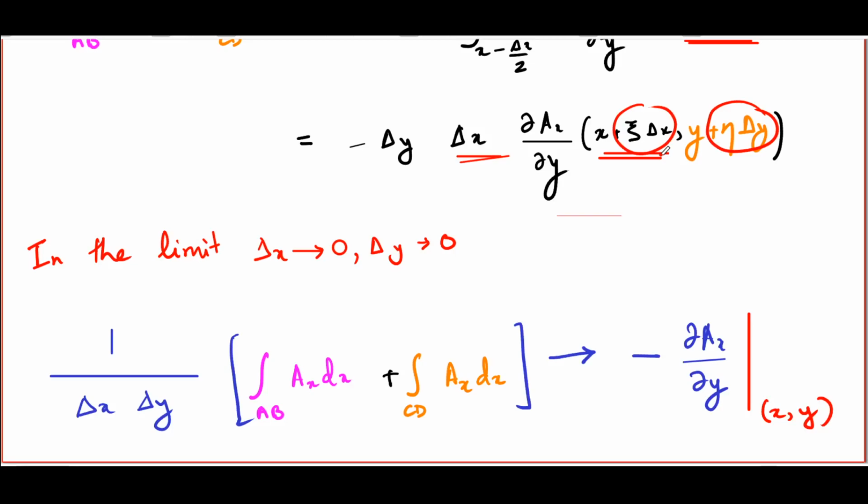So the contribution from these two parallel sides to the overall curl is simply going to be minus del ax del y at x comma y.